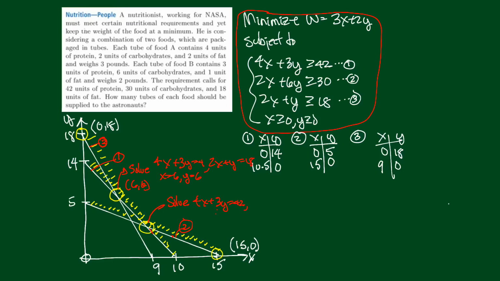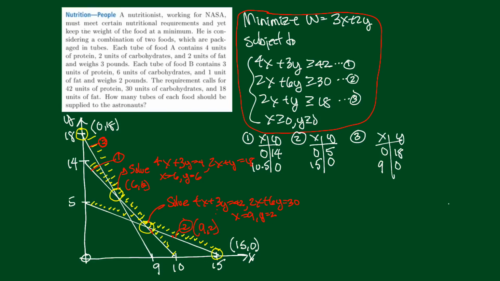And the last one, which is line 2, is 2x plus 6y equals 30. Now when I type that in for Wolfram Alpha, I got x equals 9, y equals 2. So this point over here is 9 and 2.